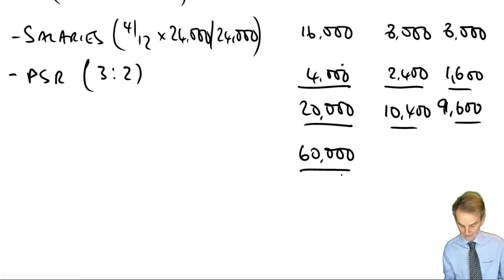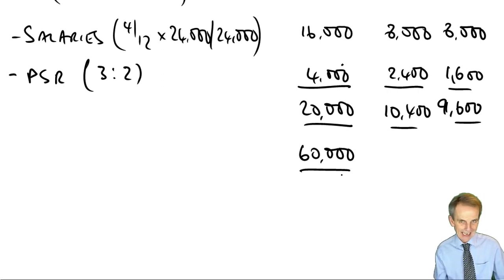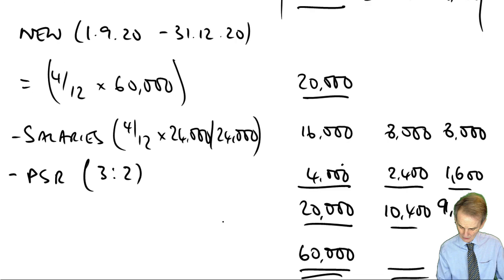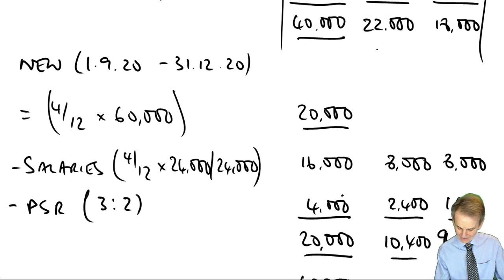But of course the figures that we want overall is how the total £60,000 tax adjusted trading profit of the accounting period has ended up being split between these two partners, A and V. So look at what we got: 22,000 and 18,000 respectively there, to which we're now adding 10,400 and 9,600.